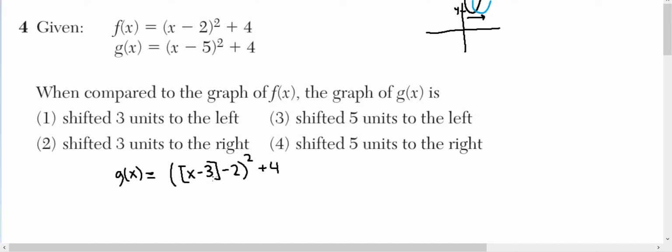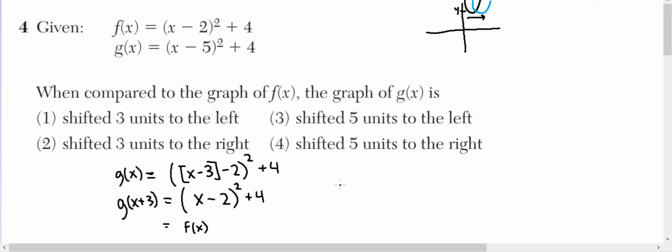And the reason is because if I adjust this x as the input to counteract the x minus 3 here, the counteraction will be g of x plus 3 is equal to, this will just remain x, and then the minus 2 plus 4. And so what this means is this is f of x.